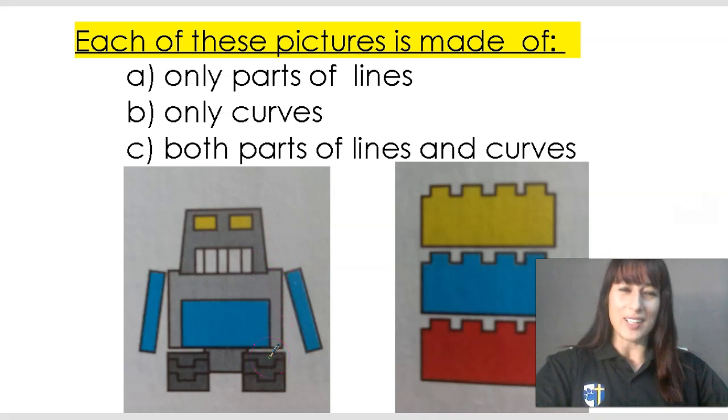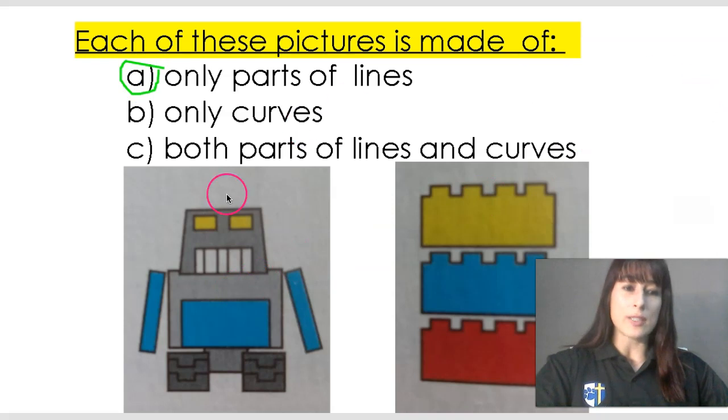Feels like a part of a line. Let's test this one. Trace it with my finger. I'm going one direction and again I'm going one direction. Constant movement of my finger going one direction. So I am deciding that these two images are made of only parts of lines. All straight lines. Very good.